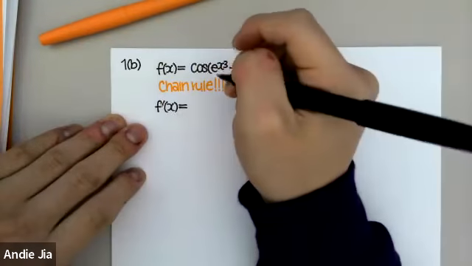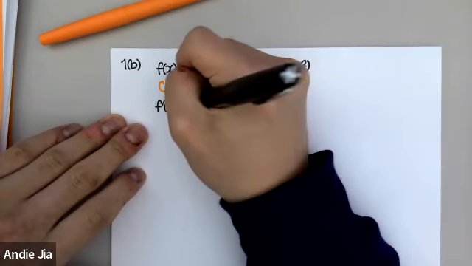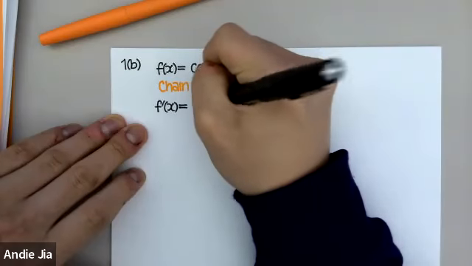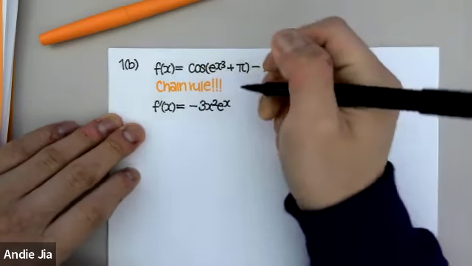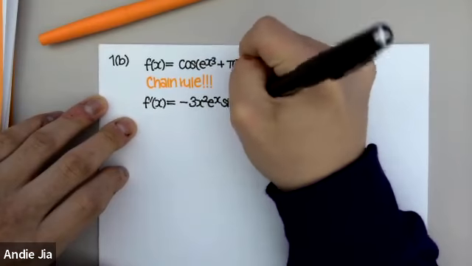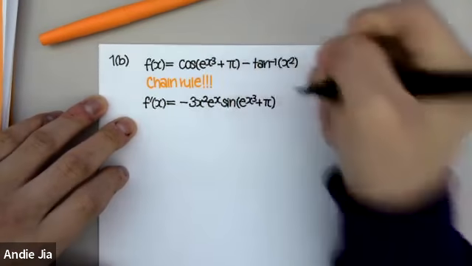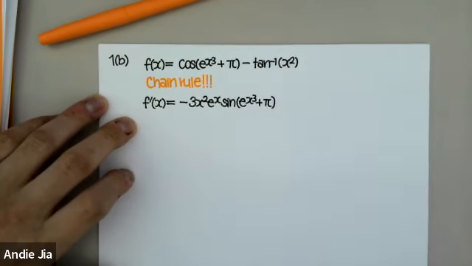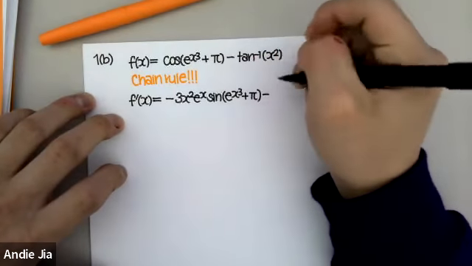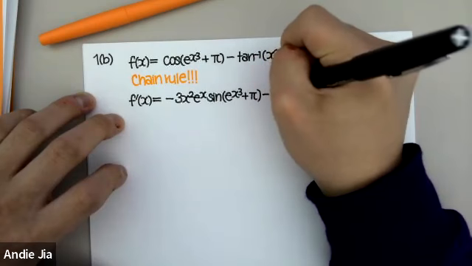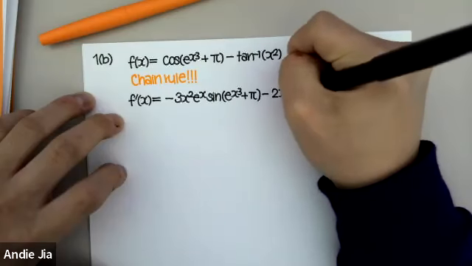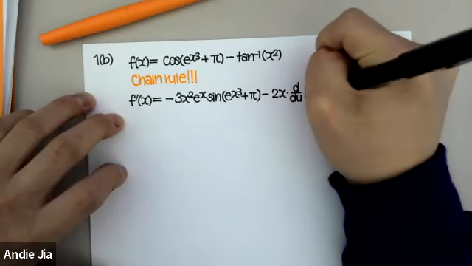So it's going to be negative 3x squared e to the x cubed times sine of e to the x cubed plus pi, because the pi is a constant, so we just take the derivative of it. Minus 2x multiplied by the derivative of inverse tangent, 1 over x to the 4 plus 1.